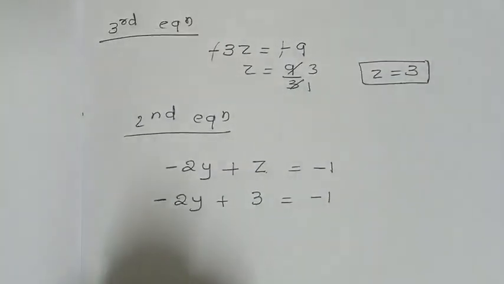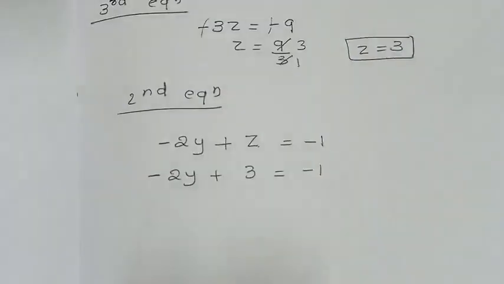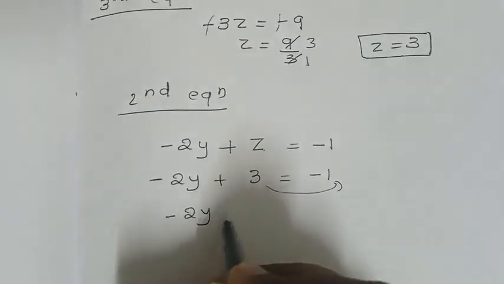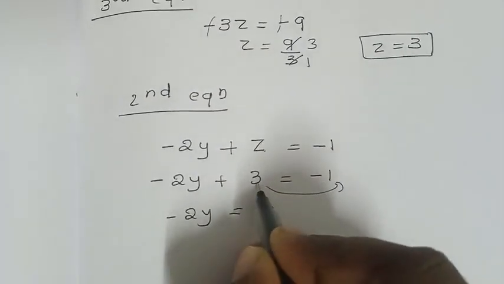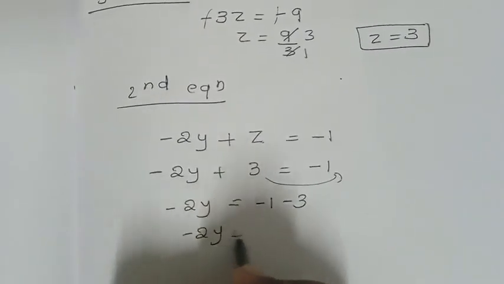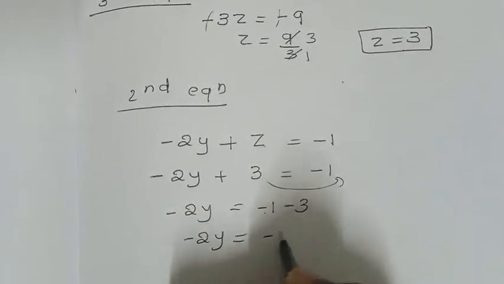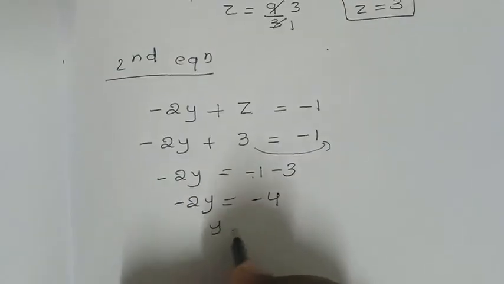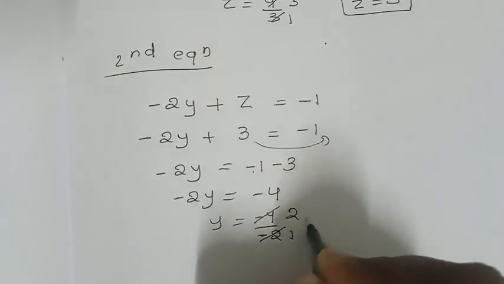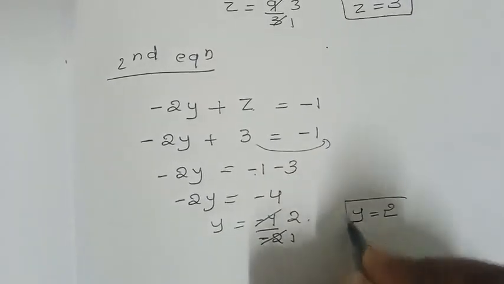So 3 will go here, right? Minus 2y is equal to minus 1, and if 3 goes here, then minus 3. Minus 2y is equal to minus 1 minus 3, which is minus 4. Then y is equal to minus 4 by minus 2. Minus 2 ones are minus 2, 2 twos are 4. So we got y as 2.